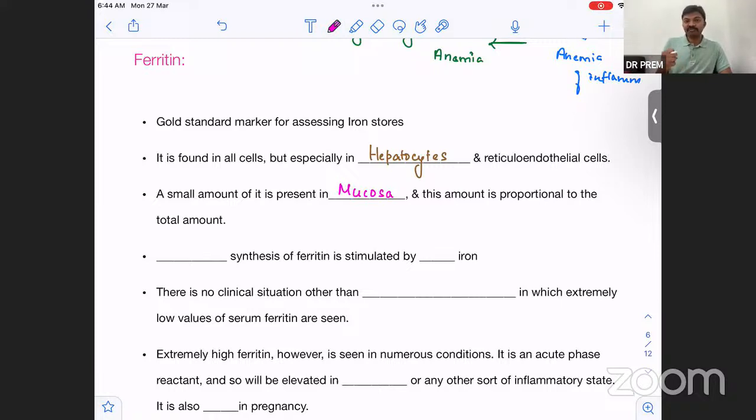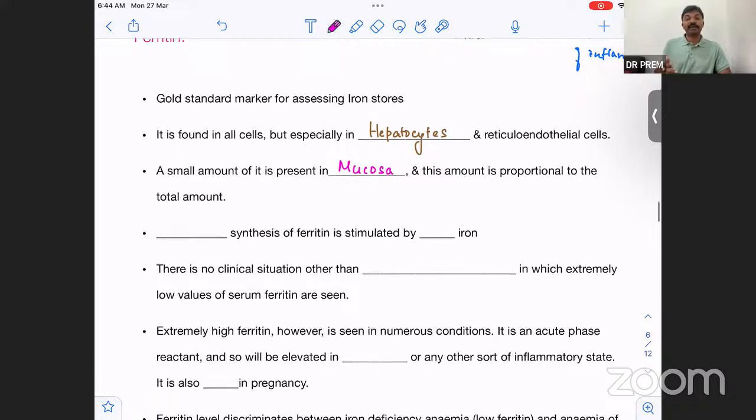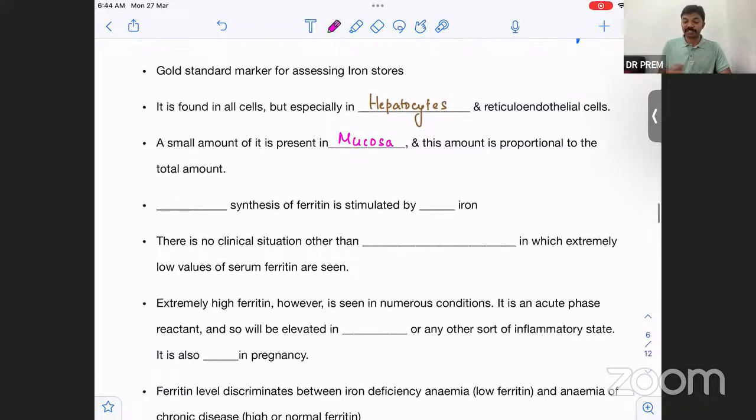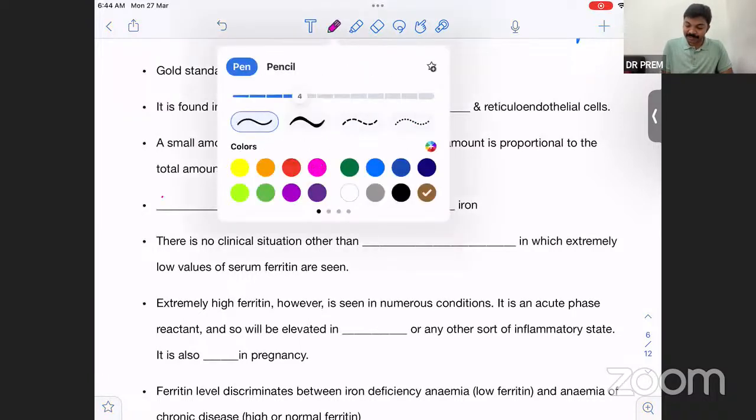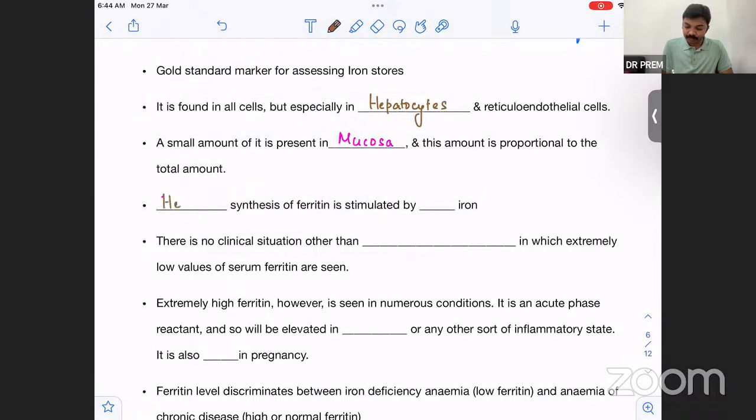Only when mucosal ferritin traps iron will the microbial organisms that sit over the mucosa not be able to utilize the iron, and the iron can be used for our purposes. So that's the reason we have mucosal ferritin deposition, guys. And ferritin is synthesized by the liver, all right? It is a hepatic synthesis.